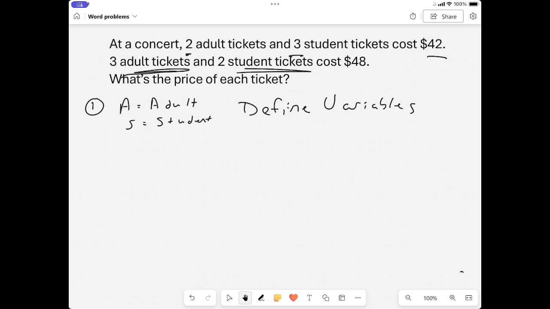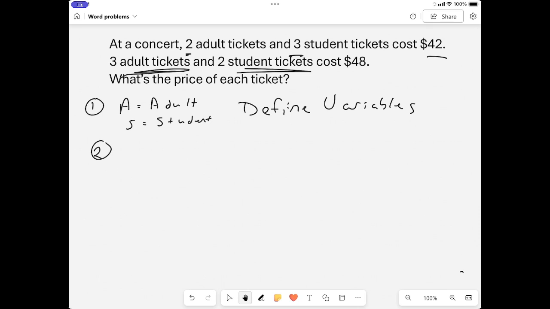So that's the first step: now I have an A and an S. Now with an A and an S, I can start thinking about equations. So just take this one step at a time, just like I'm doing. Let's first define it. You've done that. Now let's do equations.